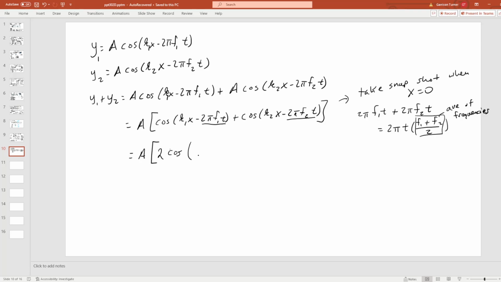The reason the negative sign doesn't matter is because cosine of negative x is the same thing as cosine x. So when we set x equal to 0 here and here, then I get cosine of minus 2 pi ft, which is the same as cosine of 2 pi ft.